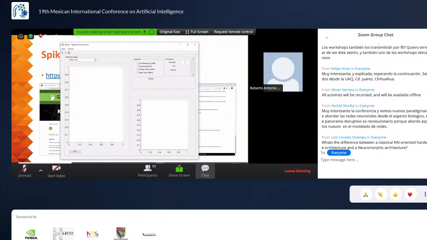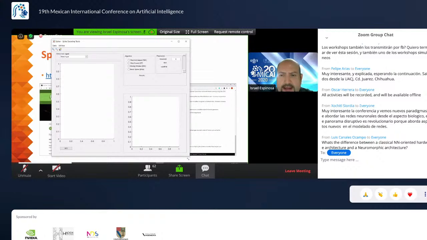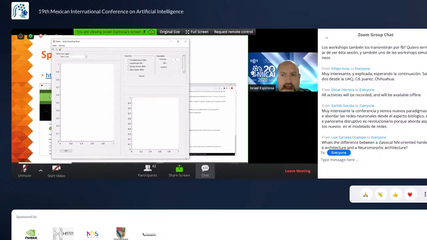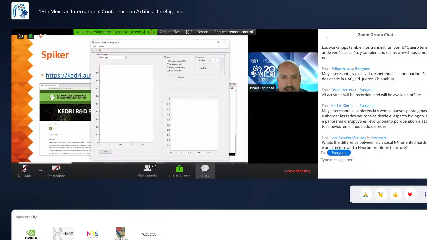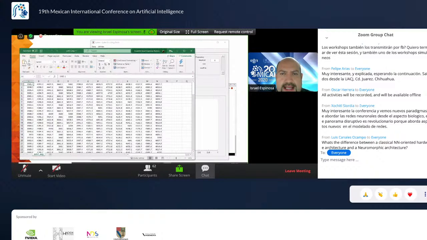So I already downloaded the Spiker software program, and I will show how to use this tool. I also have to describe my data. This is one example of a temporal sample. This sample represents EEG signals, electroencephalography.